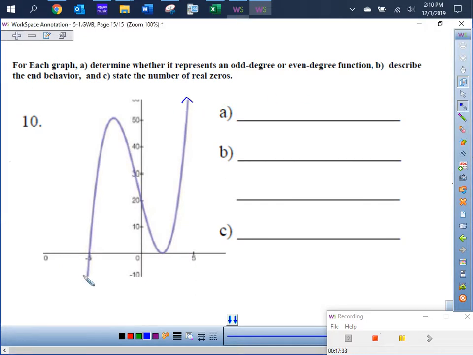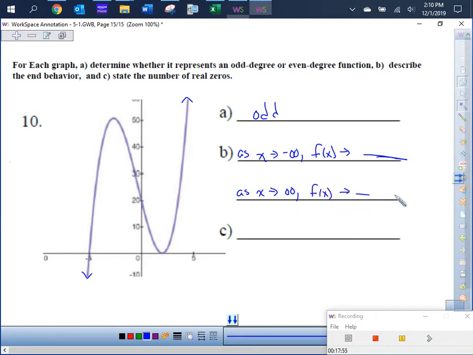And then the last one right here, let's see where the ends are going. One of them's going up and the other one's going down, so that's an odd degree. As x approaches negative infinity, f of x approaches blank. And as x approaches infinity, f of x approaches blank.